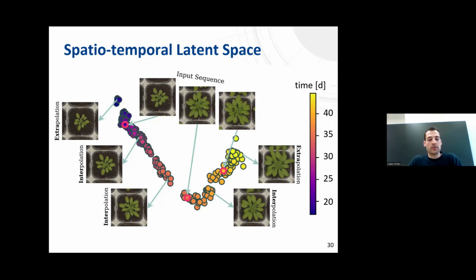And the width of the trajectory is then the spatial variability of a plant at each time point. So, and finally, from this trajectory, you can easily sample and then generate new output images, and really pick specific growth stages you are interested in.